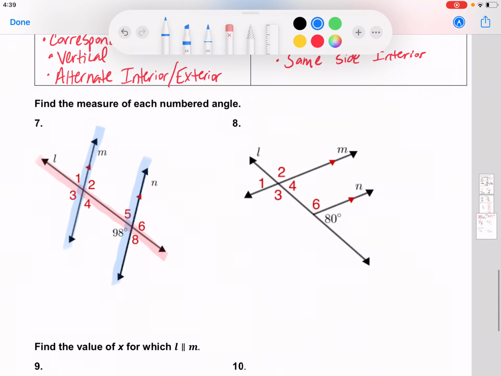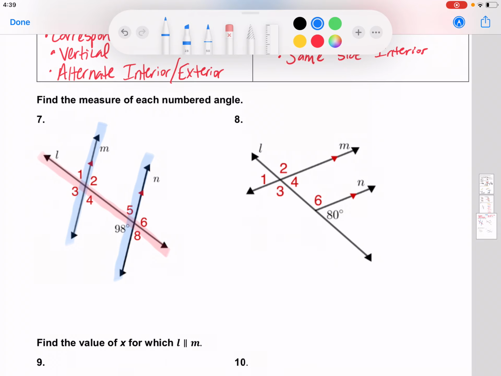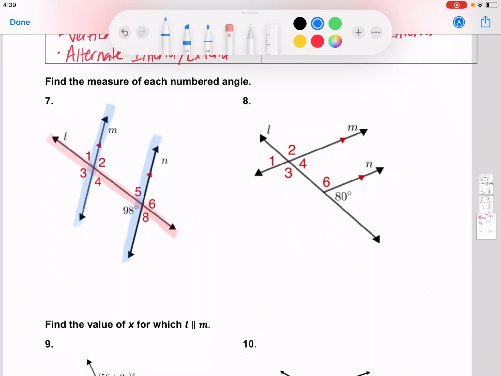So for number 7, we have one angle given to us, but we've got to find every other angle listed here. So I'm going to write it over here. We've got to find the measure of angle 1, angle 2, angle 3, angle 4, angle 5, angle 6, and angle 8. Notice there's no 7. That's because this 98 degrees is supposed to be 7. So we've got to find each one of those.